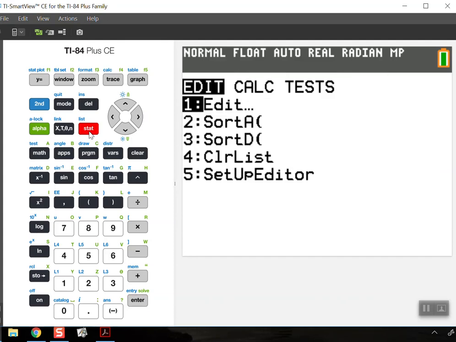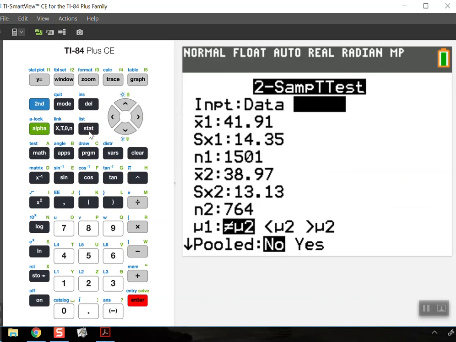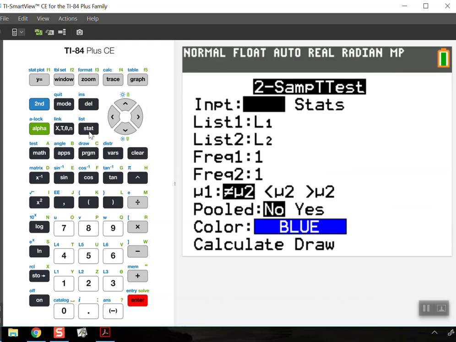Now I'm going to go to Stat, Test, 2-sample t-test, and tell it to use the data. L1, L2, keep the frequency at 1. You should never have to change that. My alternative hypothesis was greater than.